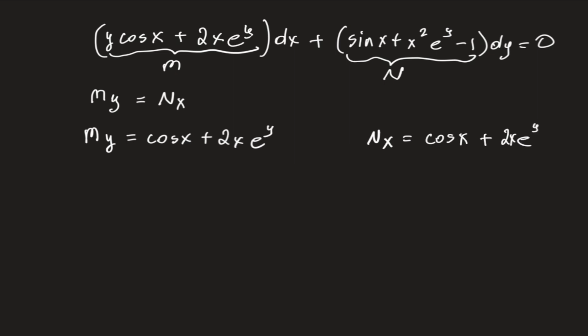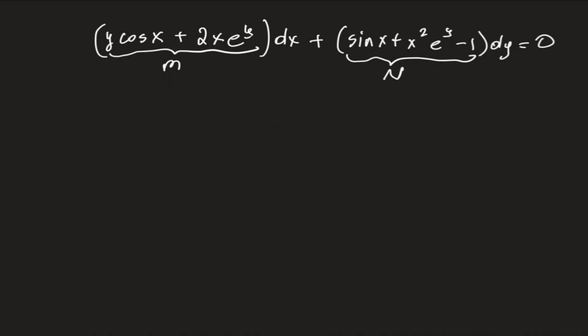And then the derivative of 1, the derivative of any constant, is obviously 0. So now you can see that indeed this checks out. Those two are equal. Therefore, we can go ahead and move on to solving it.